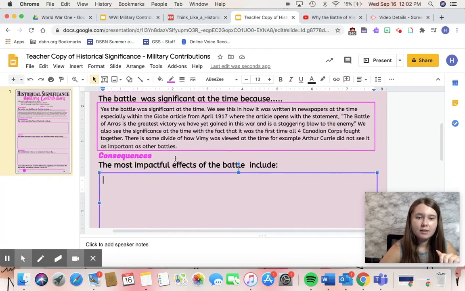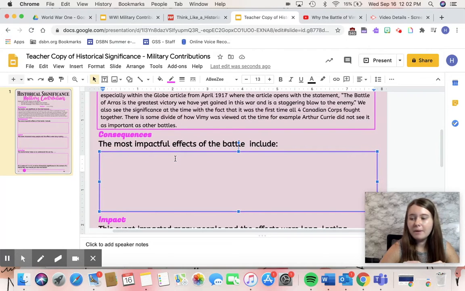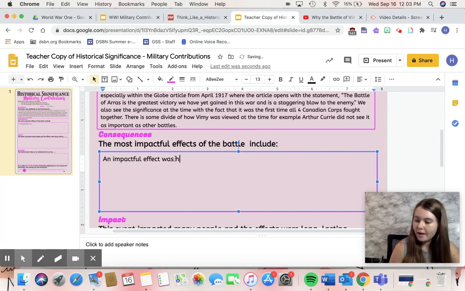So, consequence, the most impactful effects of the battle include. So now we need to think of what happened in the battle and the effects. So the battle is the cause. What are the effects? So let's think of kind of what happened because they had rushed the ridge. So our first point could be an impactful effect was how we took "Pimple."